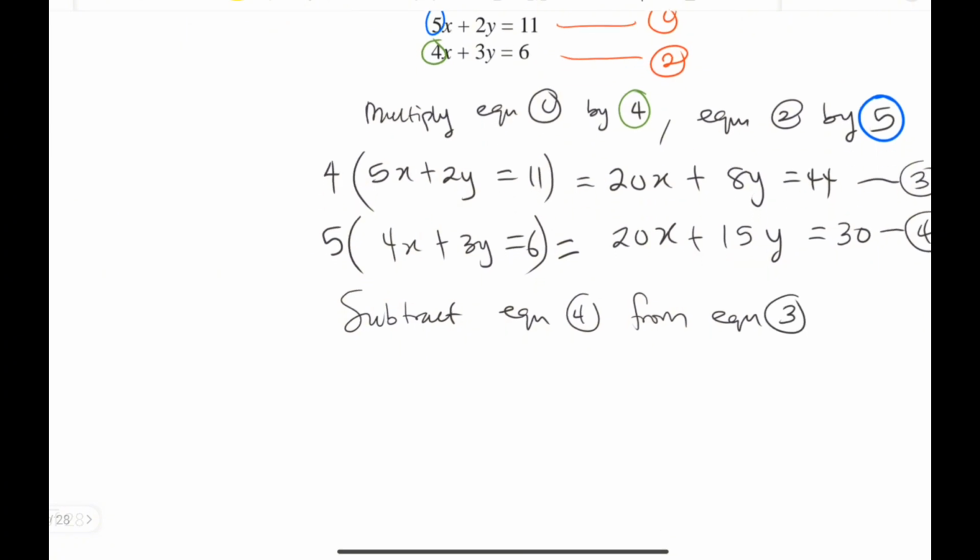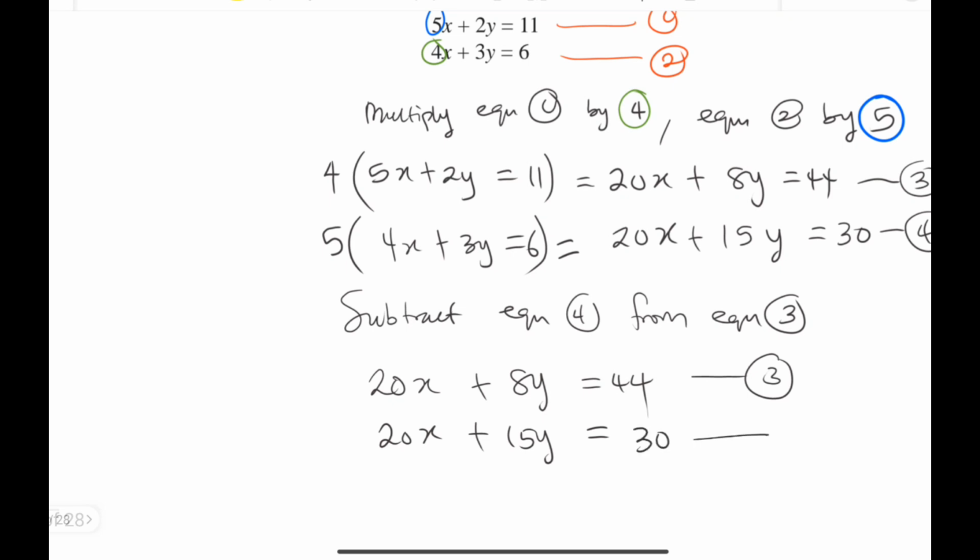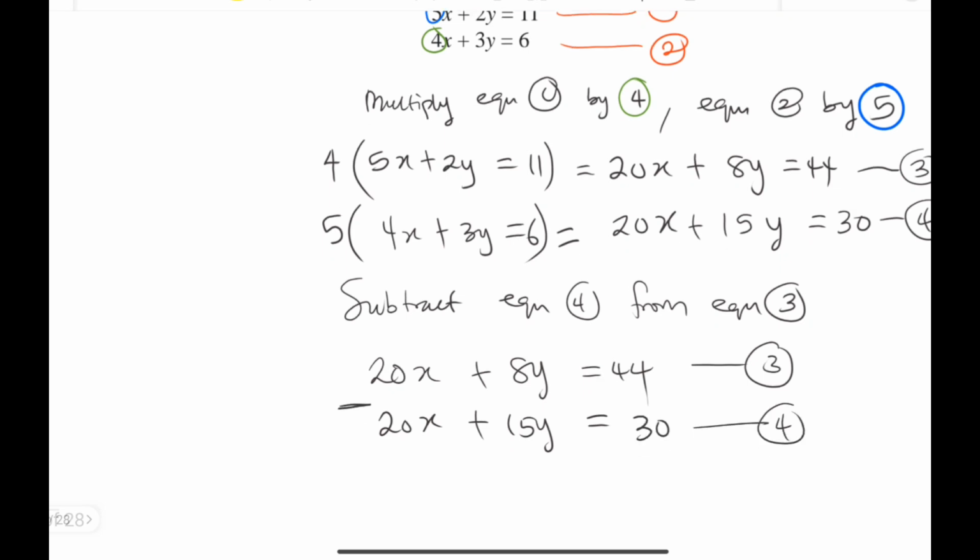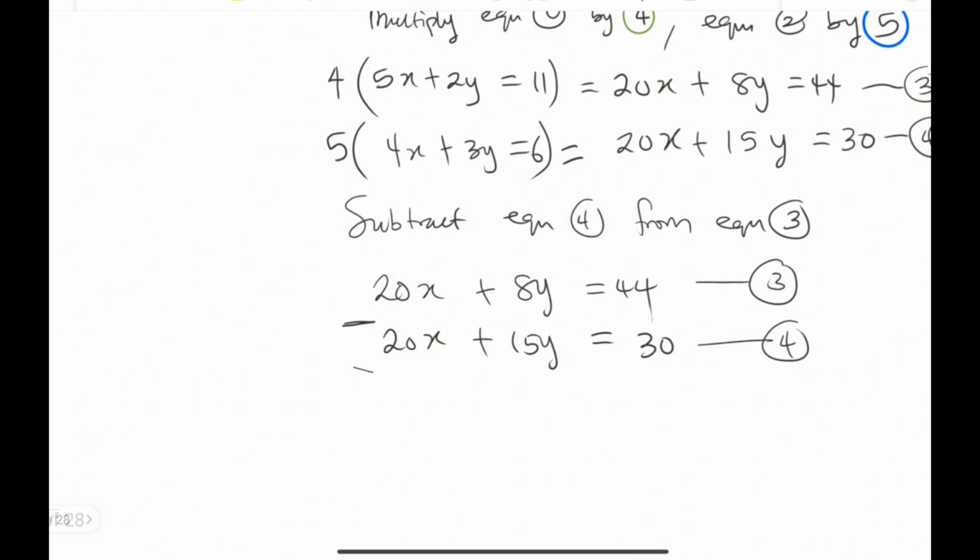Equation 3 is 20x plus 8y equals 44, and equation 4 is 20x plus 15y equals 30. So 20x minus 20x cancels out, and we are left with 8y minus 15y, that is negative 7y, equals 44 minus 30, which is 14.